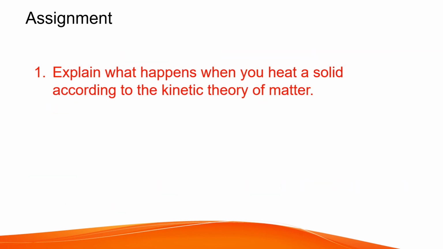And E to F, it rises. So for the assignment today, I want you to explain to me what happens when you heat a solid according to the kinetic theory of matter. So just move the way I've said. We'll start from solid to liquid to gas, and that's all. And I hope we have achieved everything.